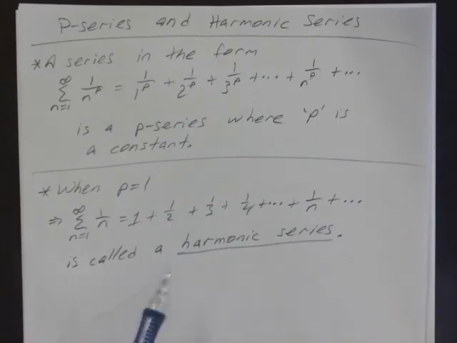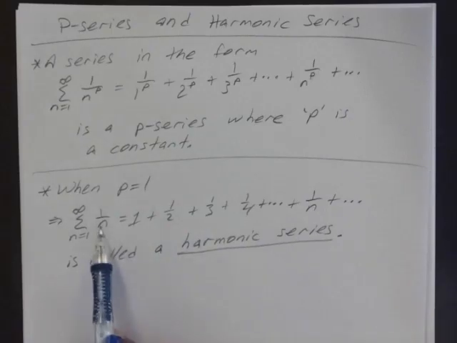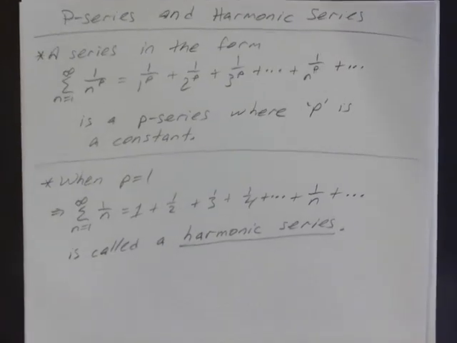Now, sometimes you can get that harmonic series and you can write it, instead of being 1 over n, as a linear function in your denominator. And that would just be a general harmonic series.